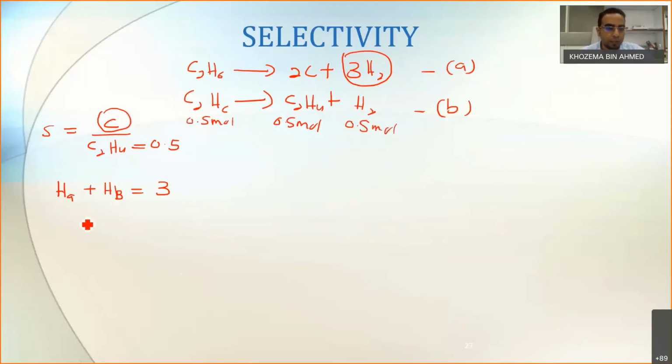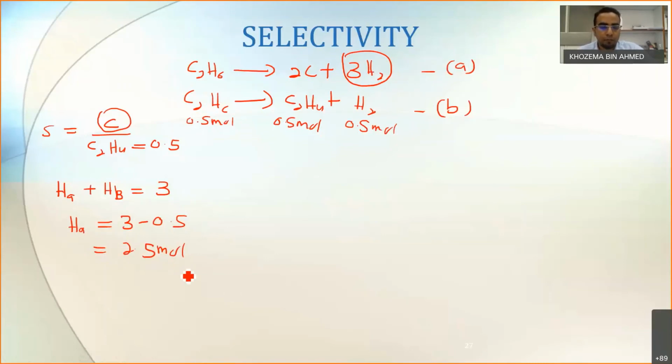So the moles of hydrogen for reaction A is 3 minus 0.5, which is equal to 2.5 mole.